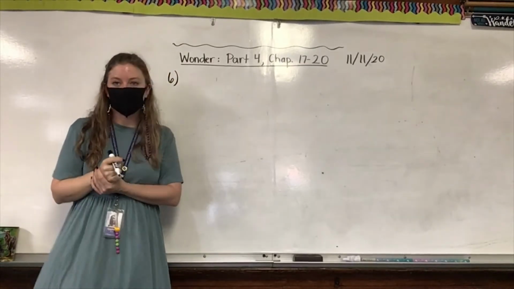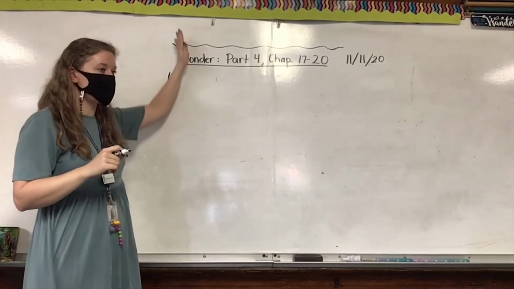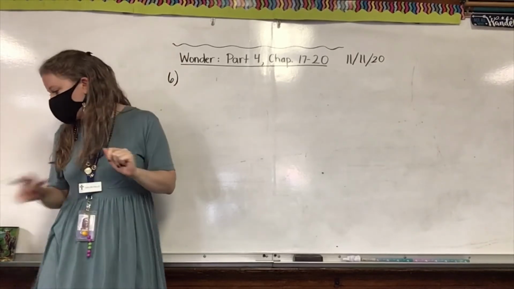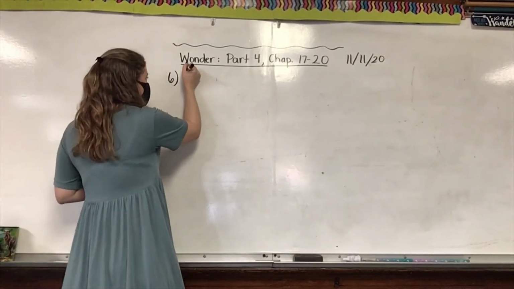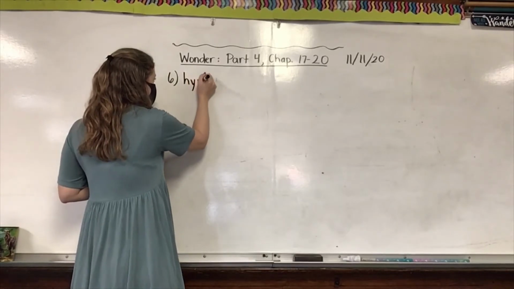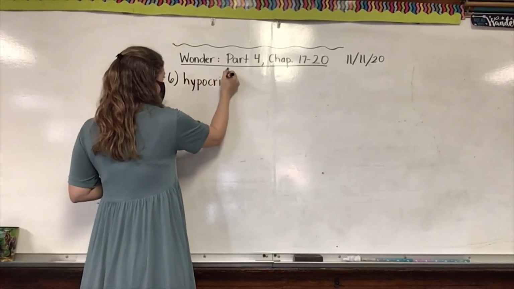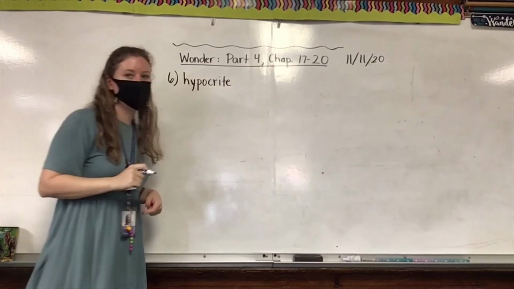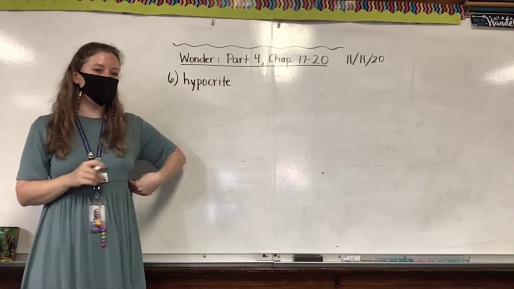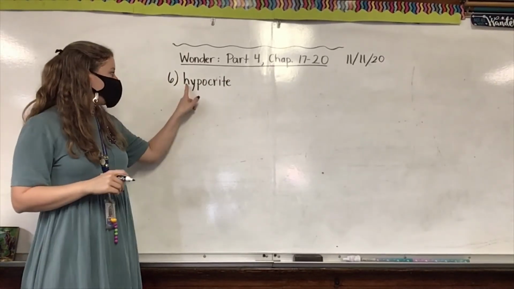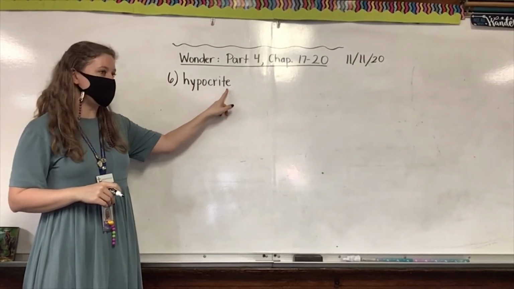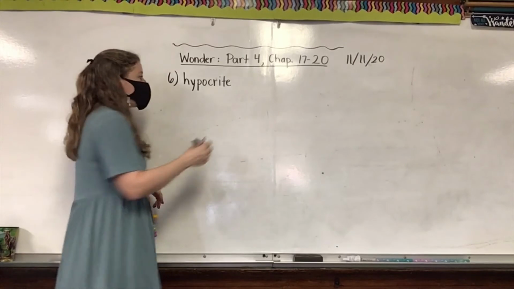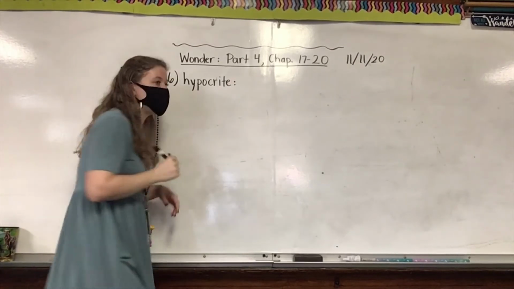And we're going to start with number 6. Remember, 6 goes on the left side of the pink line. And our word is hypocrite. Hypocrite. Yes, Zadie.